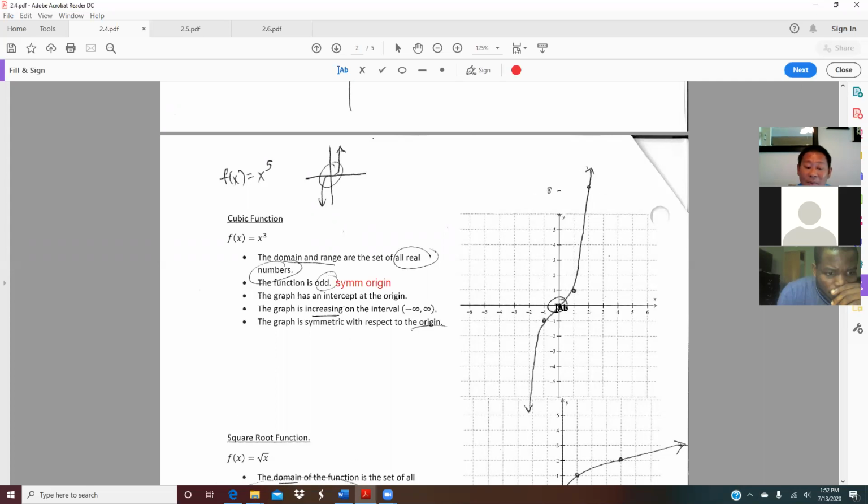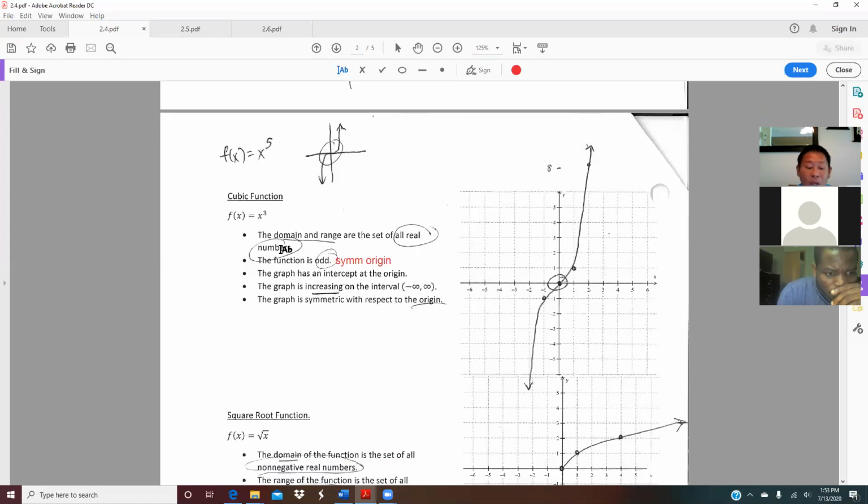That is the meaning of symmetrical with the origin. It has an intercept at 0, 0, and it's always increasing, never decreasing. So you keep on going up. Okay, so this is a cubic function, power 3.